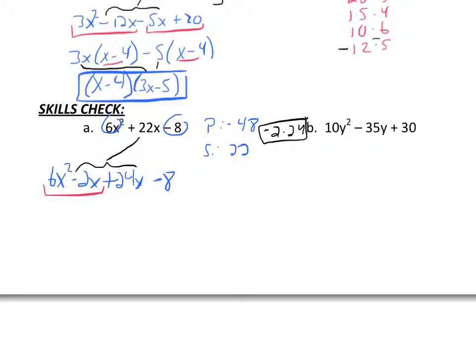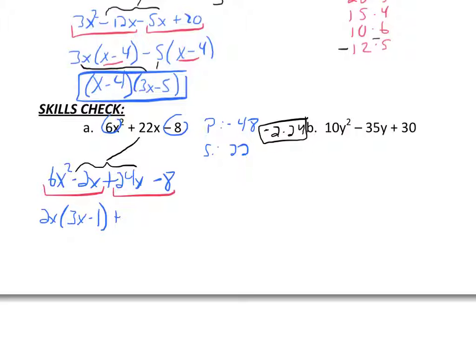First two terms have a 2 and an x as a greatest common factor. We divide each one of those terms by 2x and we get 3x minus 1. Very important to remember, 2x divided by 2x is 1. The place is still there, we don't lose it. And then we have an 8 in common here.